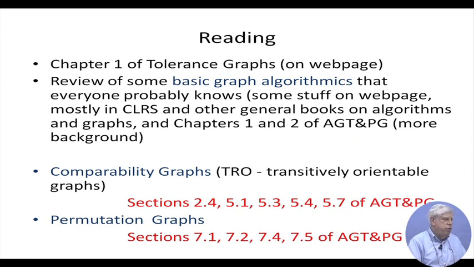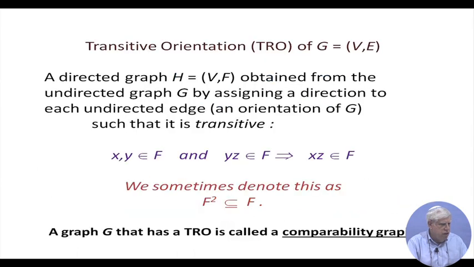Today, as we go into comparability graphs, TRO, transitively orientable graphs, these are the sections that are relevant. And for permutation graphs, the second half of today's lecture, there are the sections indicated here in my main book.